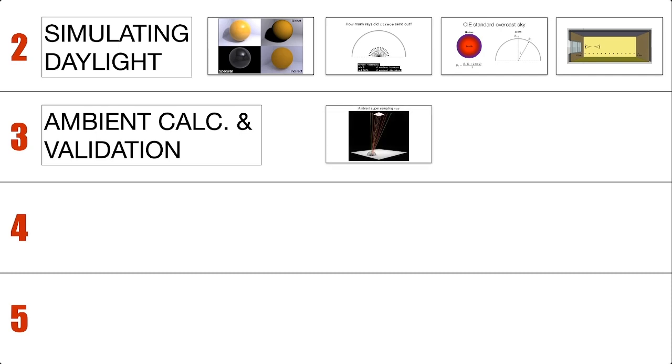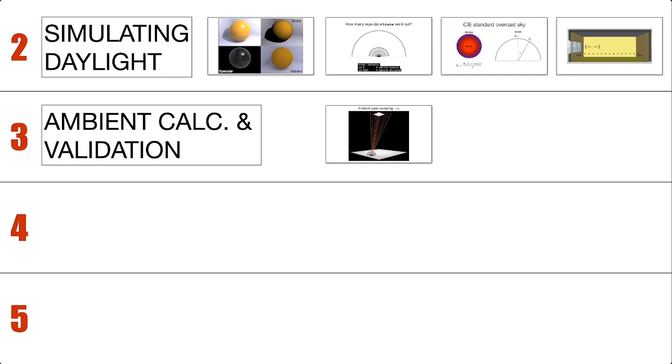So the first part of the ambient calculation will look at the sampling rays. This is the hemispherical sampling technique which Radiance uses to find extended light sources like the sky or reflected light in spaces. So we're going to be looking primarily at the ambient divisions parameter.